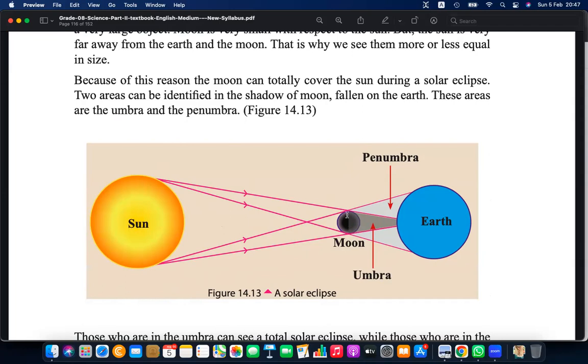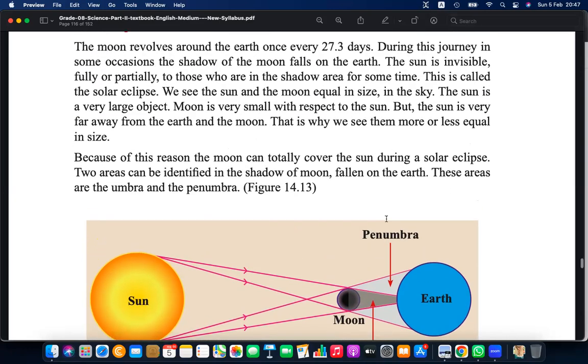So the shadow of the moon, basically, if you're directly here, you cannot see the sun because of the moon. It is fully covered. So this is where the eclipse happened, right? Here.